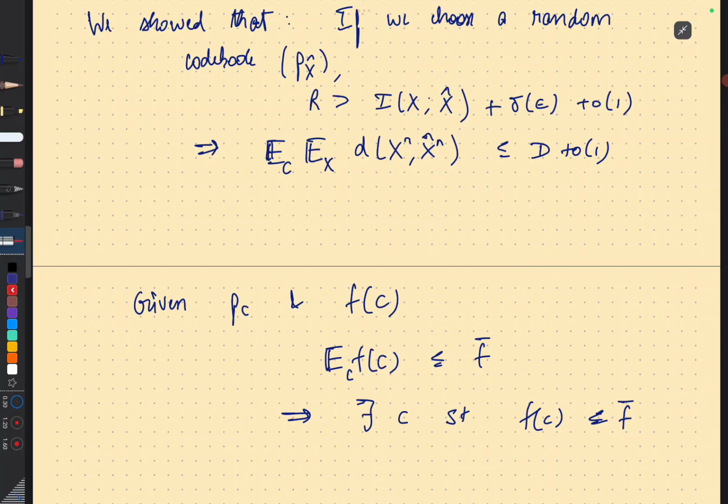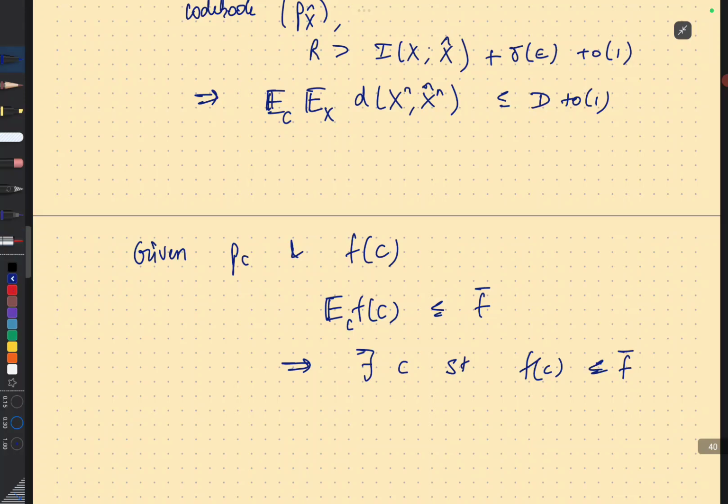So what does this imply with respect to this statement that we had earlier? We showed that the expectation of the average distortion, when we take the expectation with respect to the random code book, is less than or equal to d. So it must mean that there is at least one code book for which the average distortion is less than or equal to d. All right.